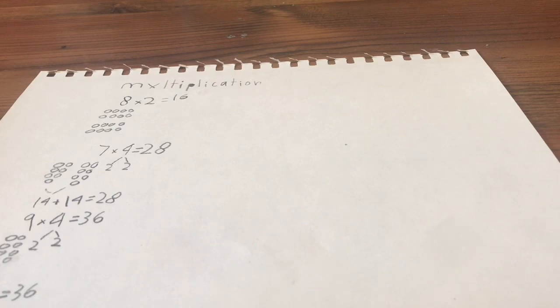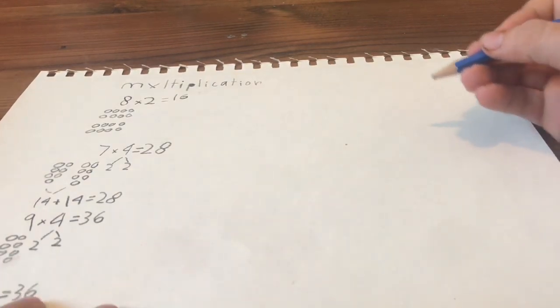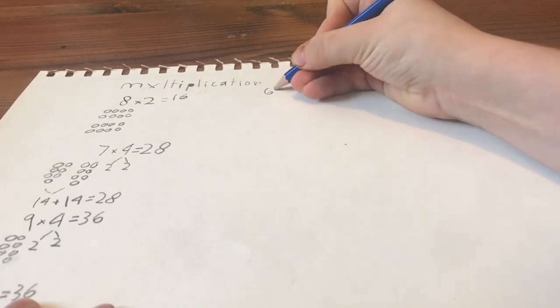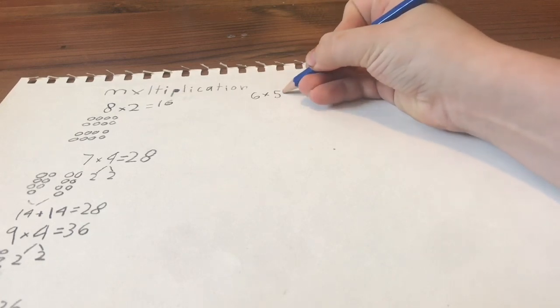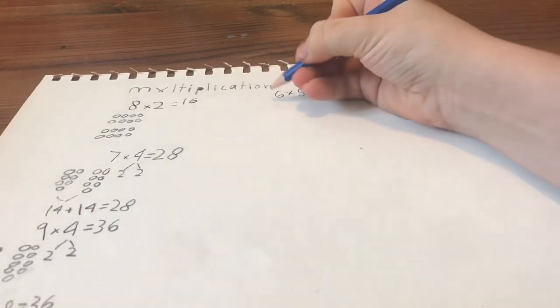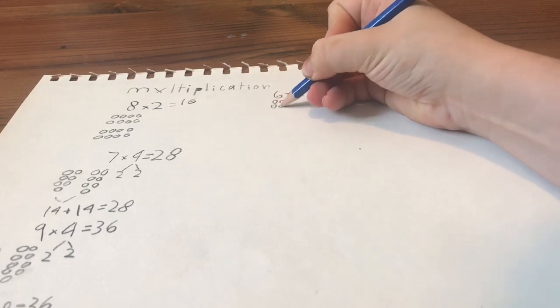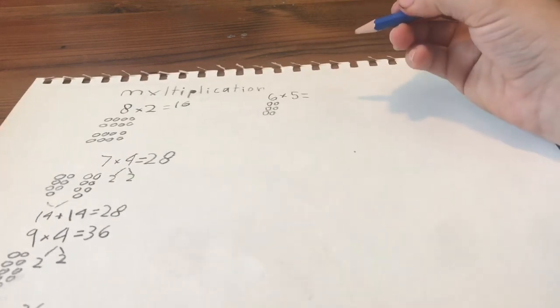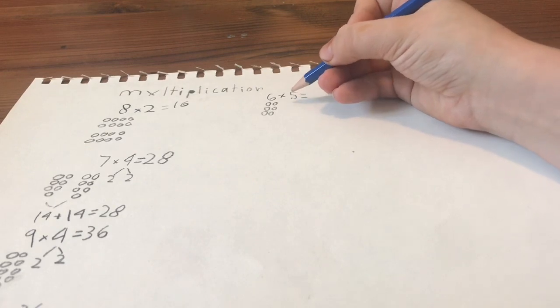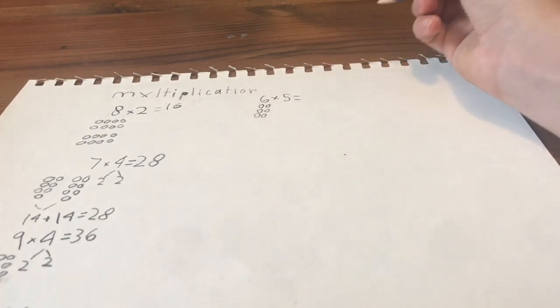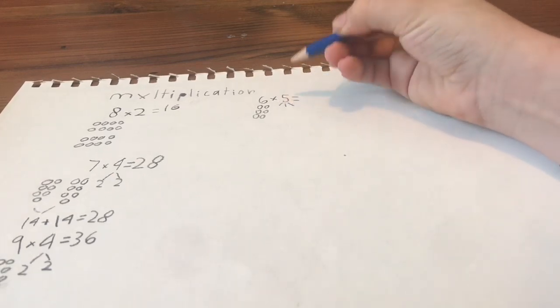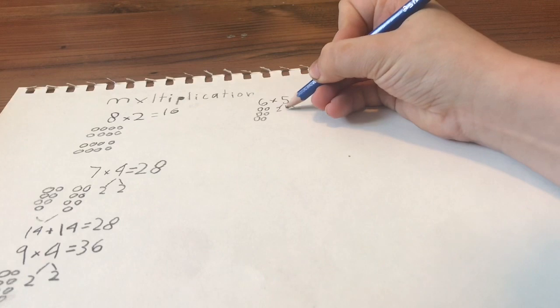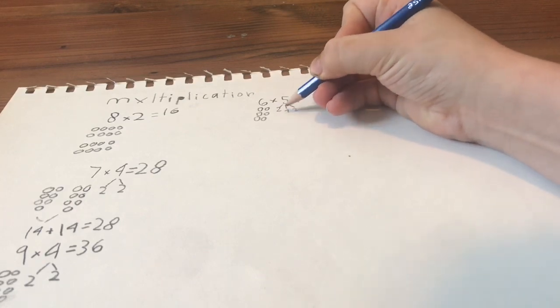Say our question is trickier than that, and it's 6 times 5. Now, again, we're going to make our 6. And then we're going to break up 5, but 5 is an odd number, so it cannot be broken up into 2. It has to be broken up into at least 3, so we can break it up into 2, 1, and 2.